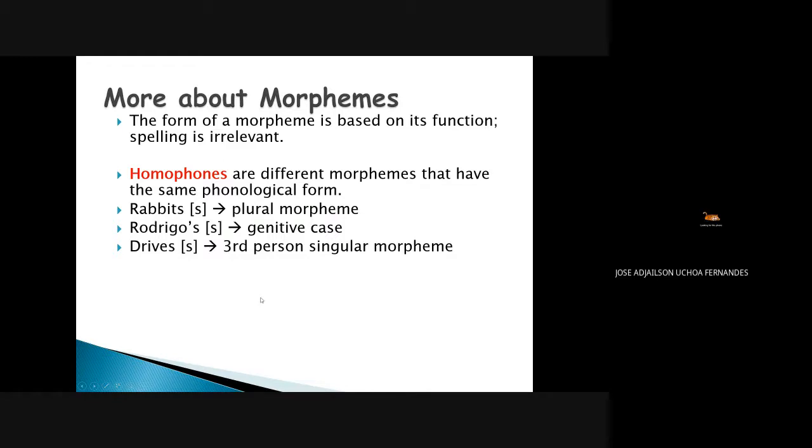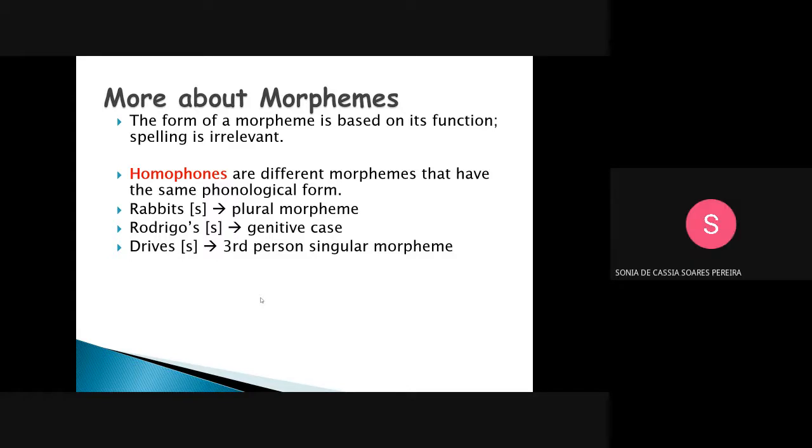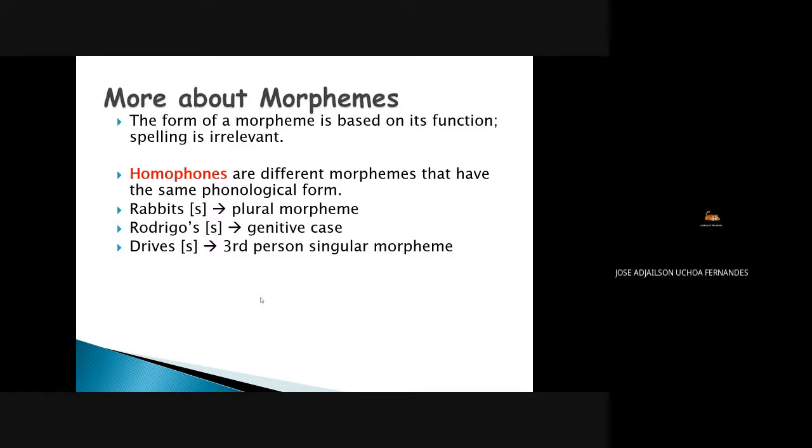They have nothing to do, morphologically speaking, with each other. They have everything to do, phonetically speaking, with each other. Morphologically speaking, they are completely different guys. Okay? Is it clear now the difference between allomorphs and homophones? Yes. A bit more clear at least?